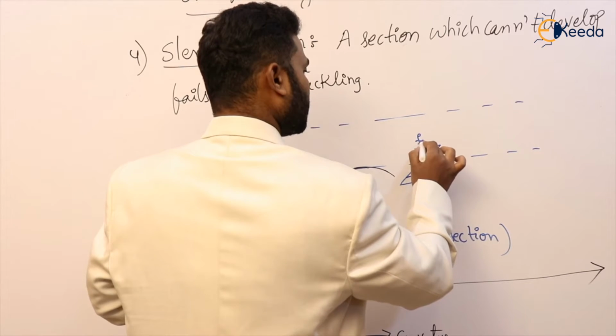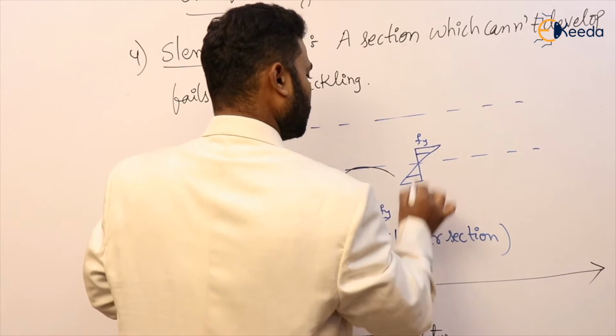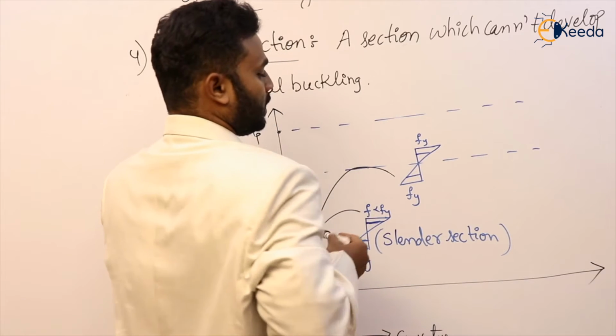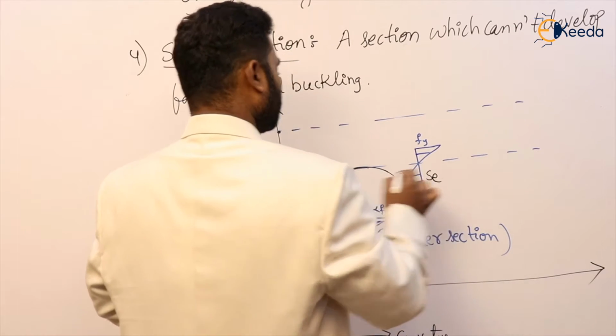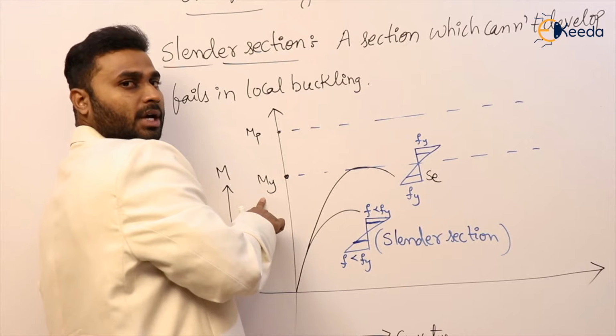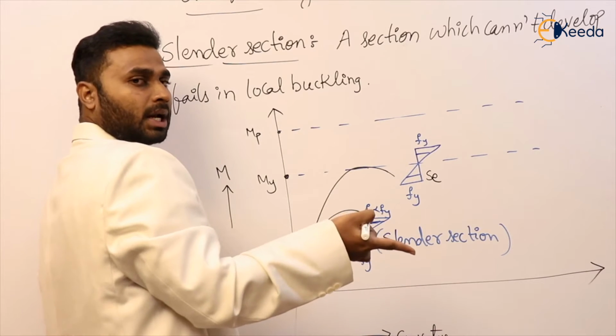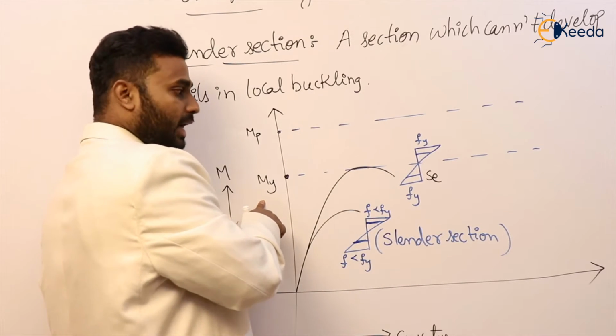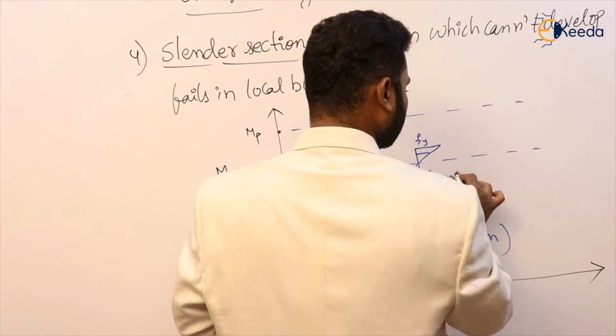So here it is Fy. It means it can develop yield moment, but fails by buckling, and it cannot develop plastic moment carrying capacity. So this is semi-compact section.